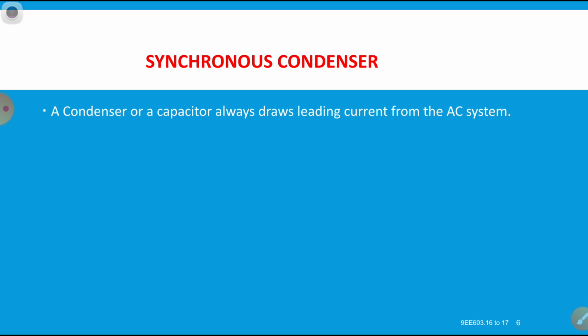Three conditions, as we know. When the induced back EMF equals the terminal voltage applied at the stator, that is the first condition, normal excitation. Under excitation, the back EMF induced in the stator is less than the terminal voltage. And the final condition, when the synchronous motor is overexcited, the back EMF induced in the stator is greater than the applied voltage.